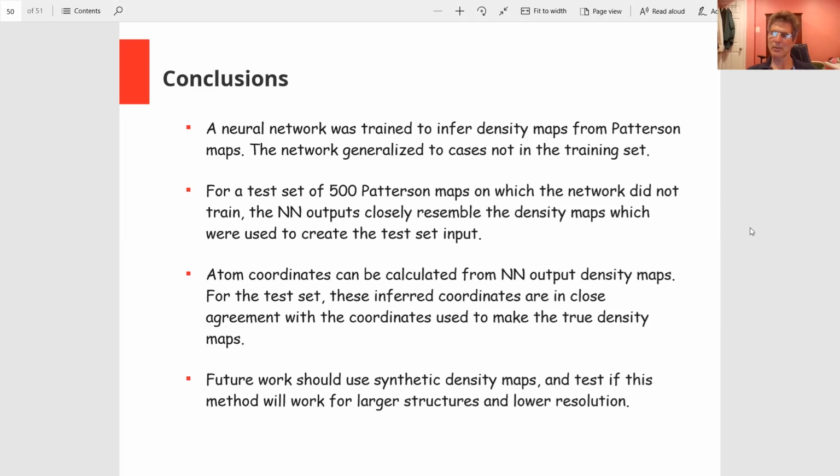With again, the given limitation that you can't tell atoms from centrosymmetric atoms on the output.